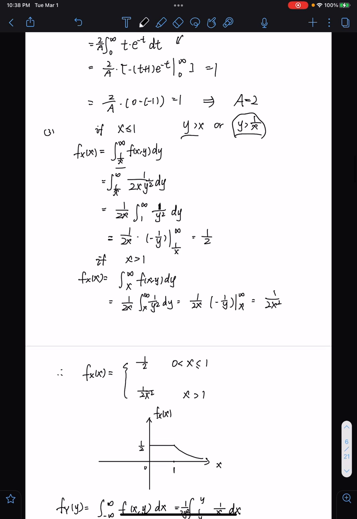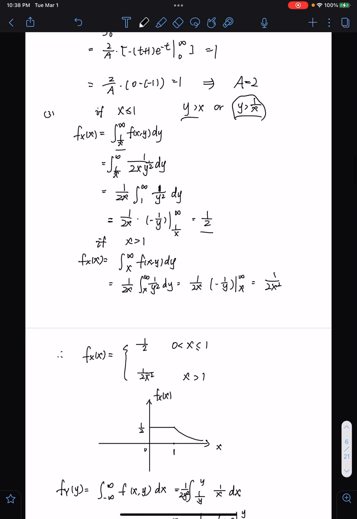And then we do the calculation of these integrals, and we get the density function of x equals 1 over 2 when x is smaller than 1.